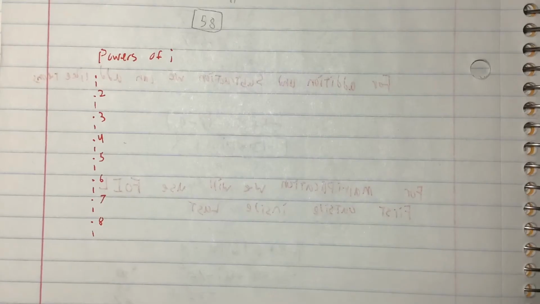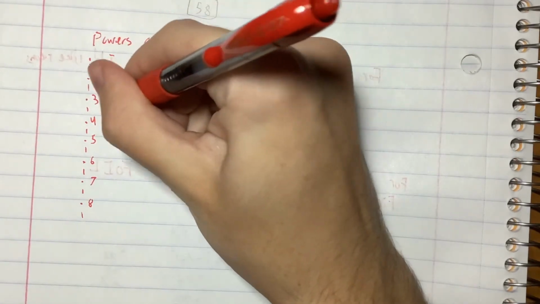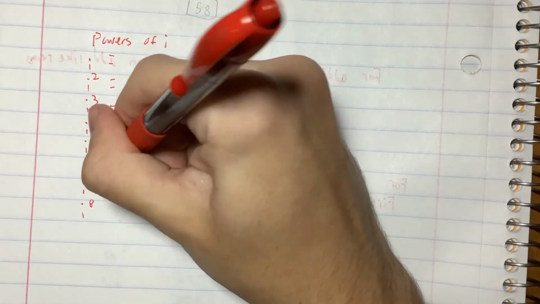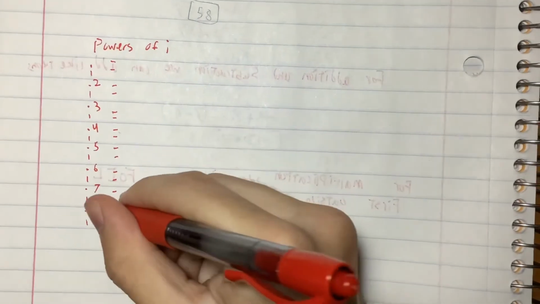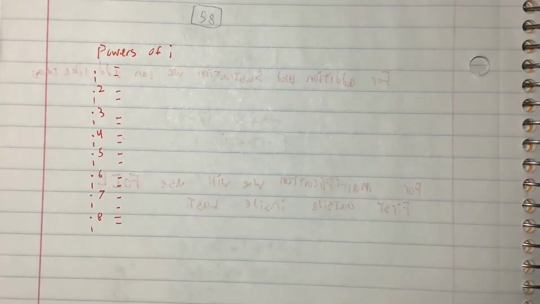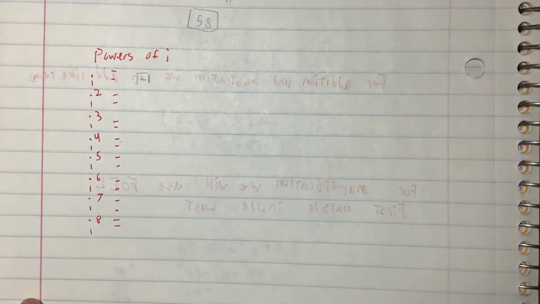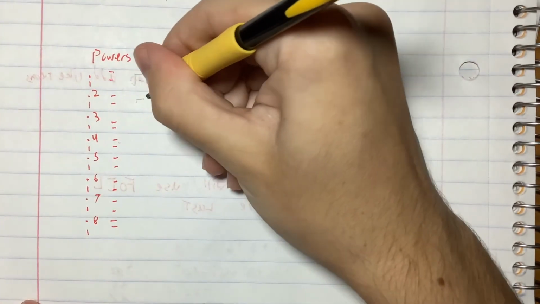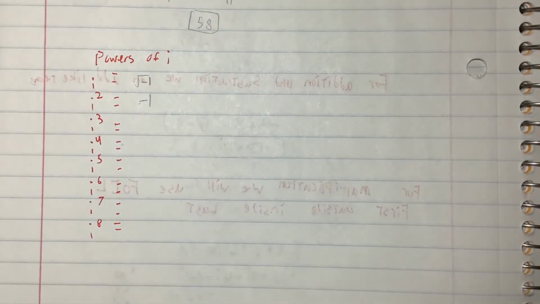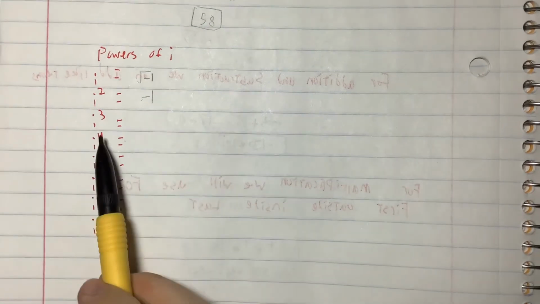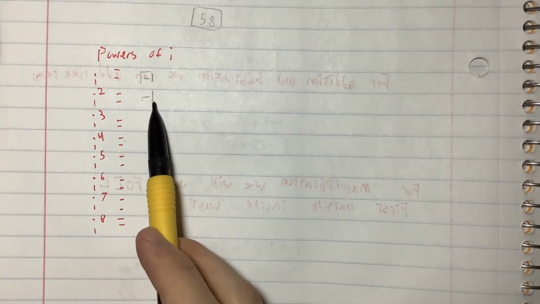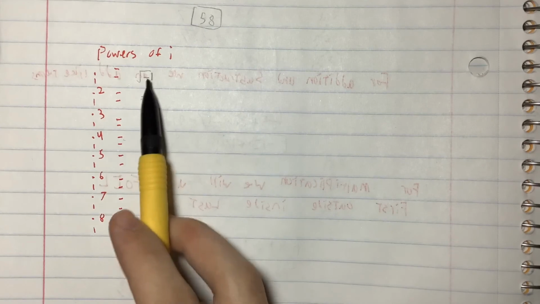Last thing we'll be going over is the different powers of i, okay? Now these are very simple, and all you have to do to solve these is multiply i by itself. So first off, we have normal i. That'll equal the square root of negative 1, right? And square root of negative 1 times square root of negative 1 is negative 1, okay? Now, i cubed would be the i squared, negative 1, times i.